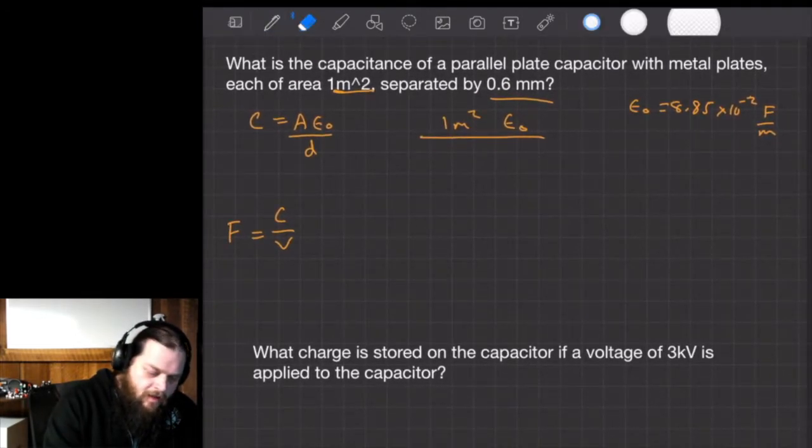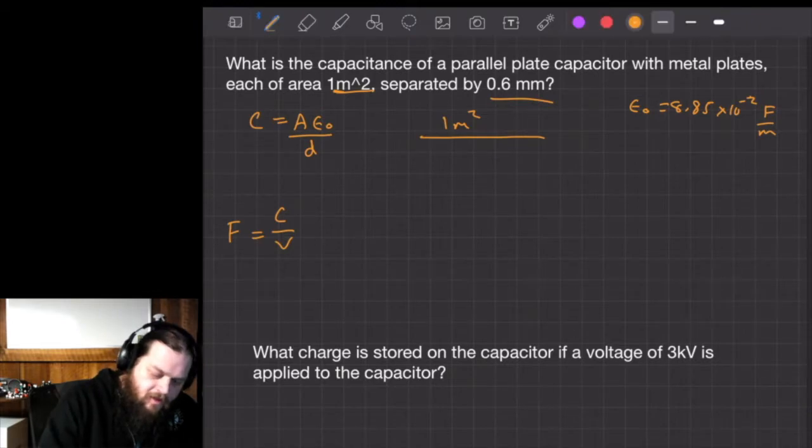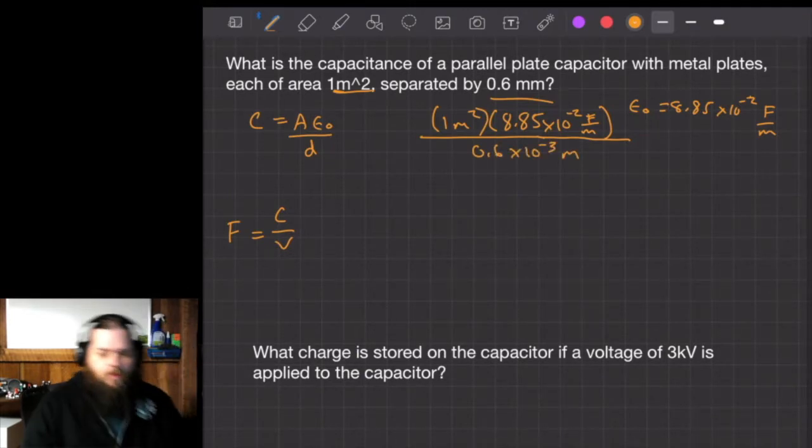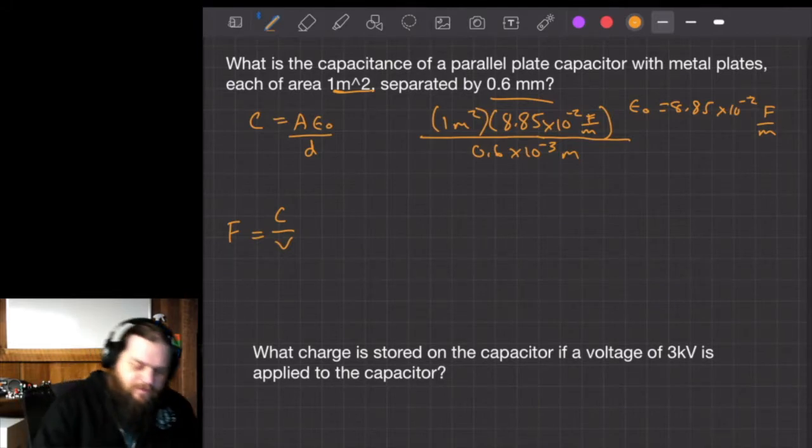So I can actually plug in my value for epsilon naught here. That's 8.85 times 10 to the negative 12 farad per meter. And we're going to divide that by 0.6 times 10 to the negative 3 meters, or 0.6 millimeters, really.